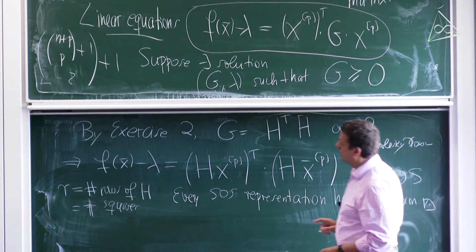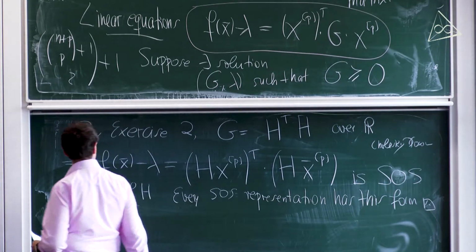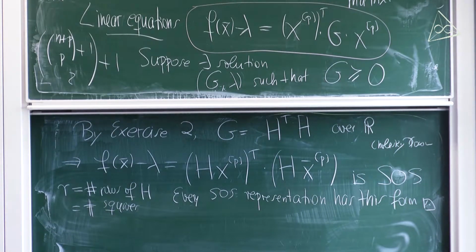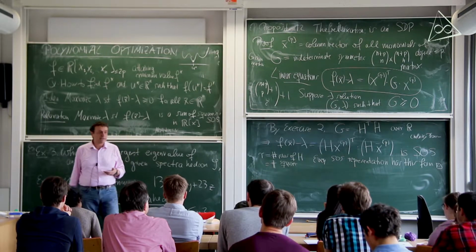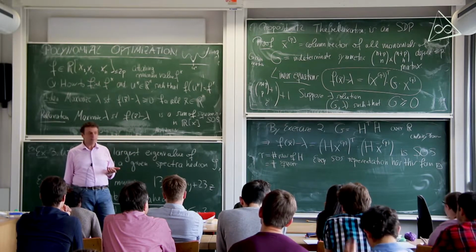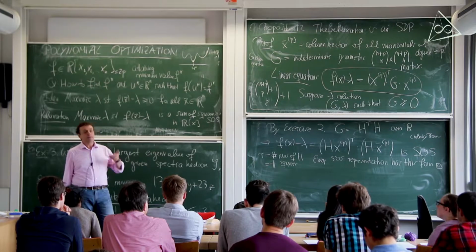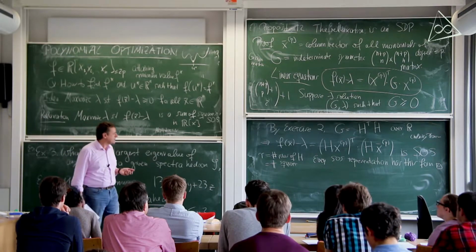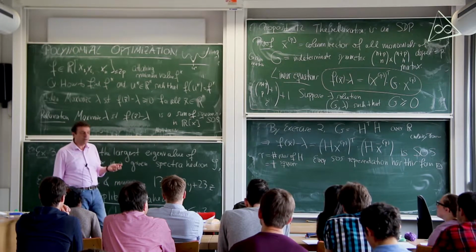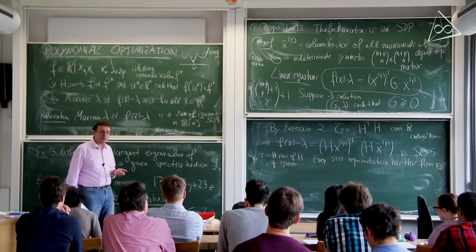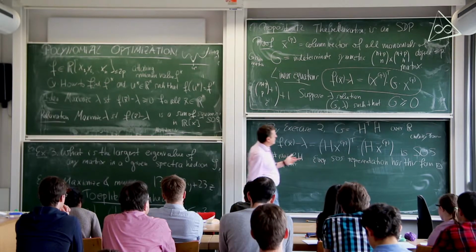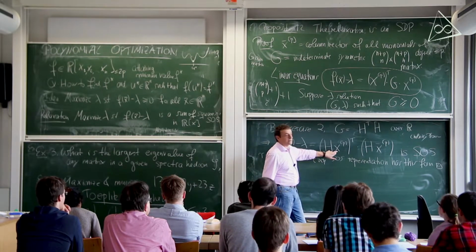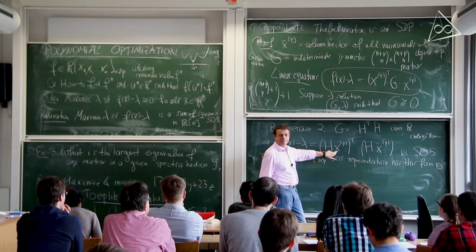If F minus lambda is a sum of squares, then you interpret the sum of squares as the dot product of a vector with itself. Now that vector has entries that are polynomials of degree at most p. But of course a polynomial of degree p is a row vector times this column vector XP.